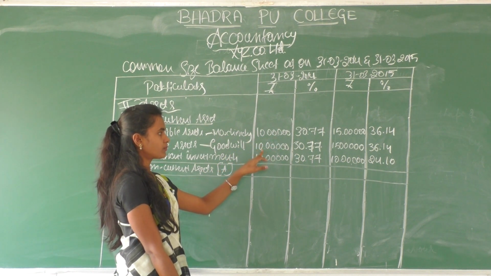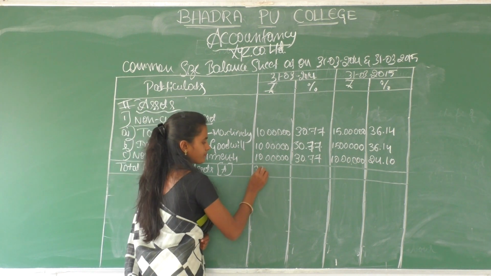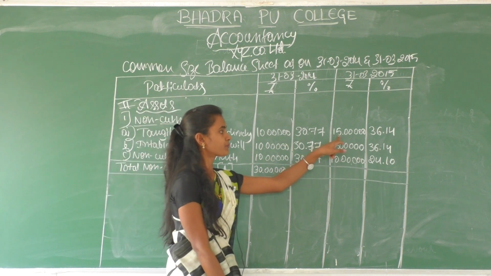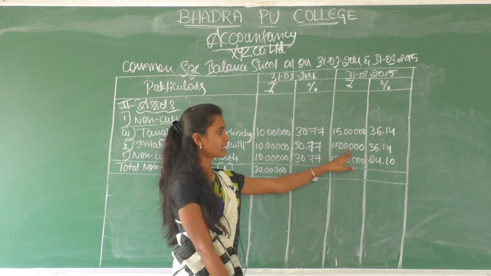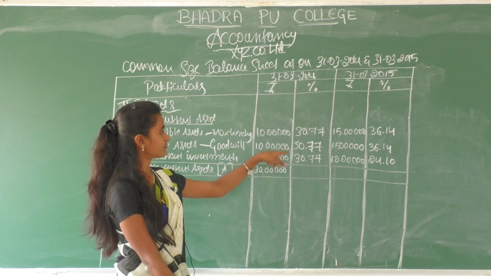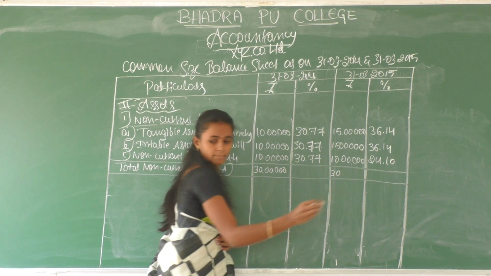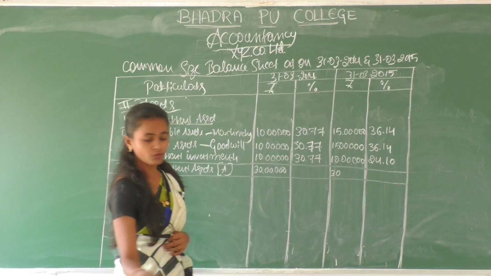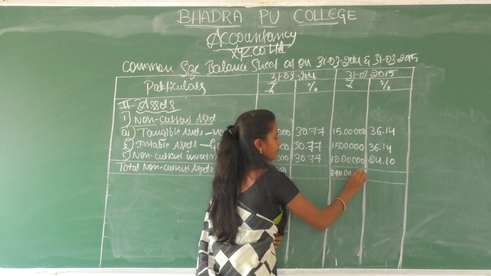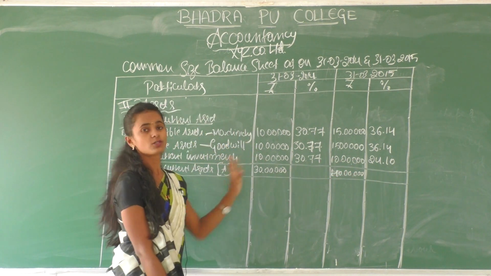So 10 lakh plus 10 lakh plus 10 lakh, it's 30 lakh. And here 15 lakh plus 15 lakh plus 10 lakh, so then you will get, sorry, 40 lakh. Yes, 15 lakh plus 15 lakh plus 10 lakh, it's 40 lakh.